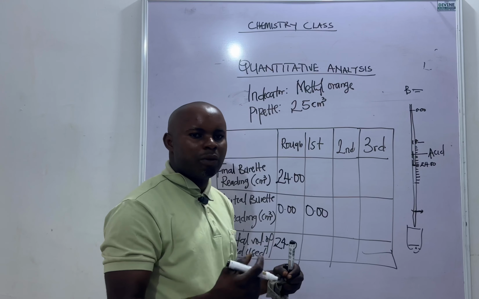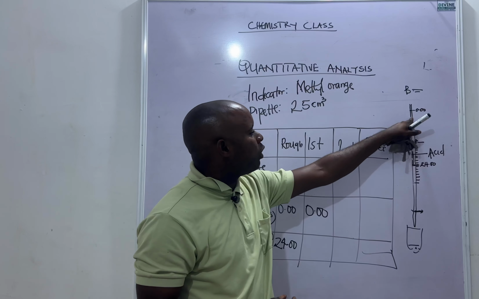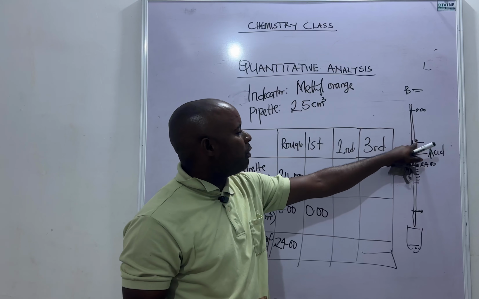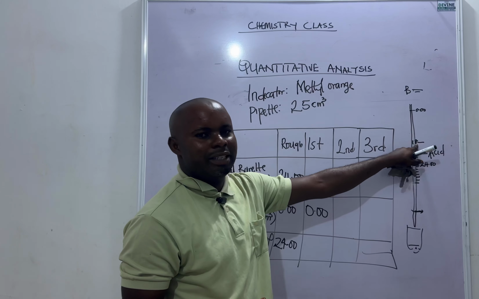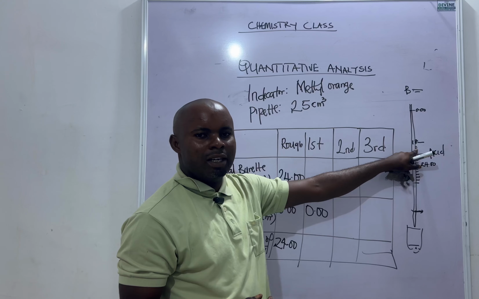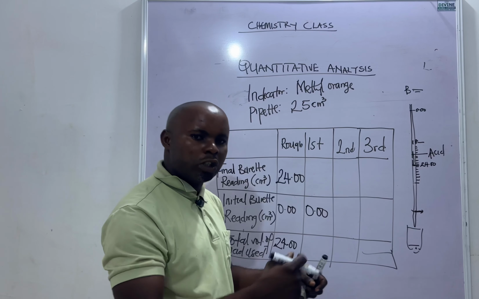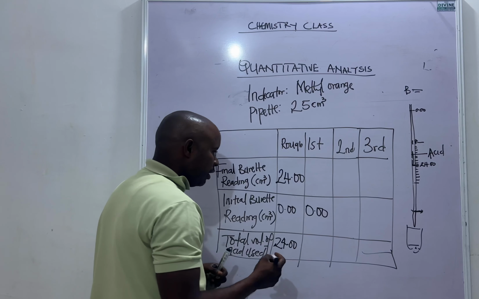So that to fast track your work, instead of watching the color change from 0 down to 24, you can just release the liquid in the burette to 18 or 19. You believe that from 18 or 20 to 24, 25, there might be a color change. From there, you can start monitoring the color change.